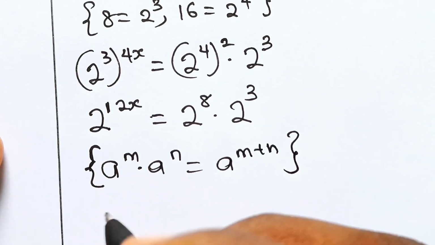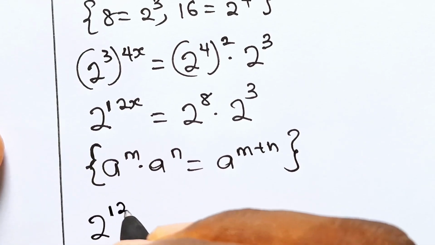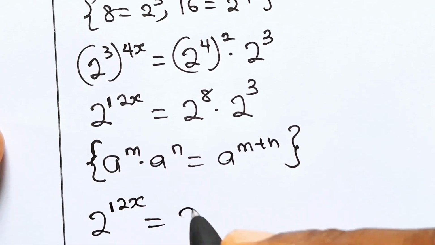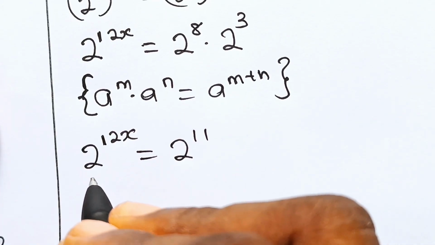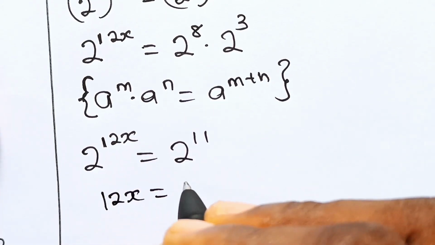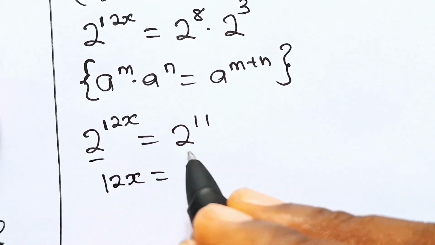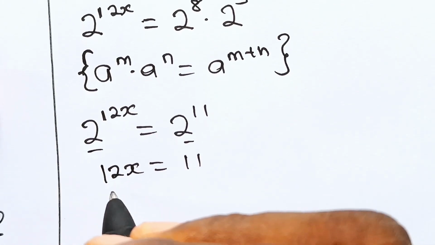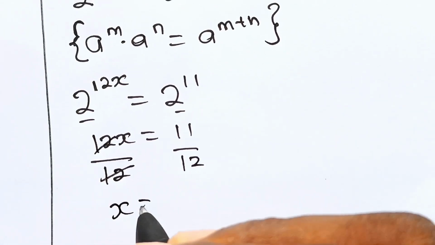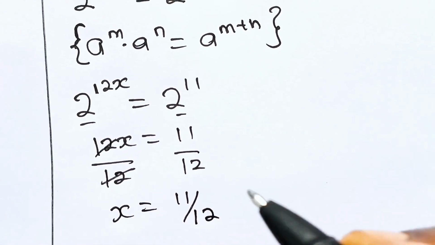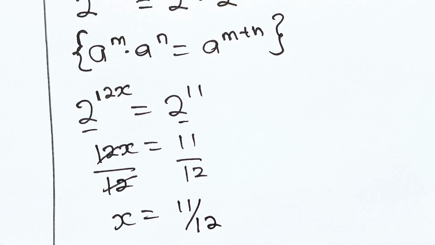Therefore, we write this as 2 to the power of 12x is equal to 2 to the power of 11. So 12x is equal to 11 since the bases are equal. So we divide both sides by 12 and we have x is equal to 11 over 12, just like we got using the other method.